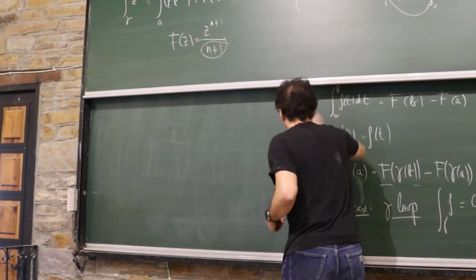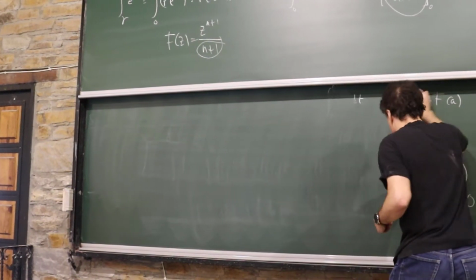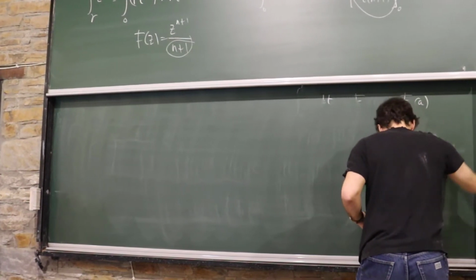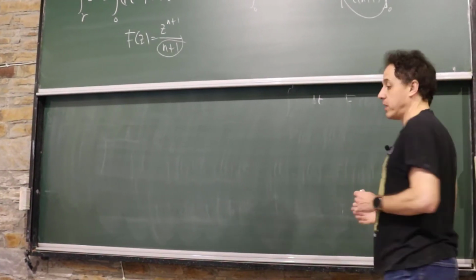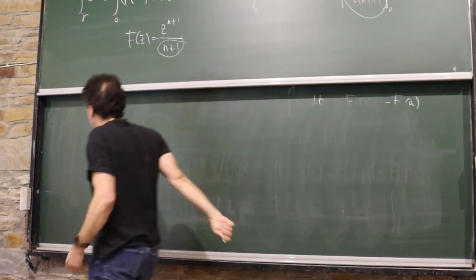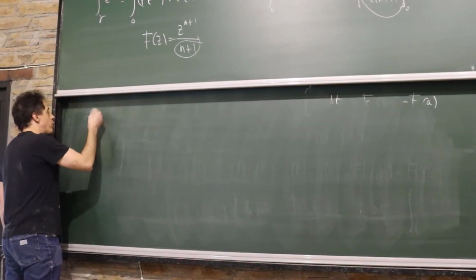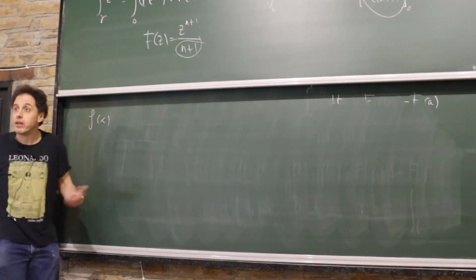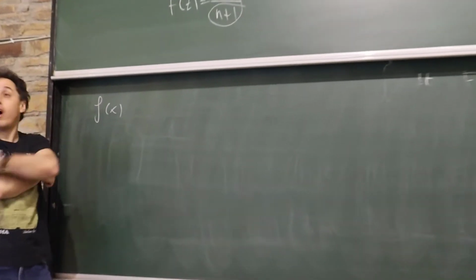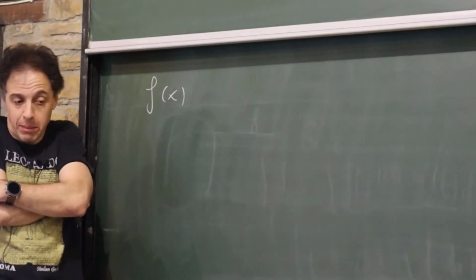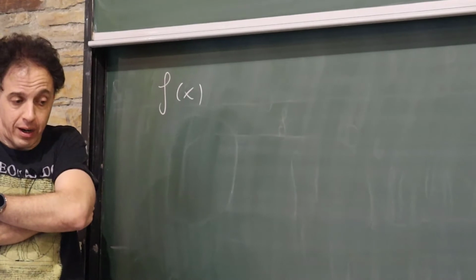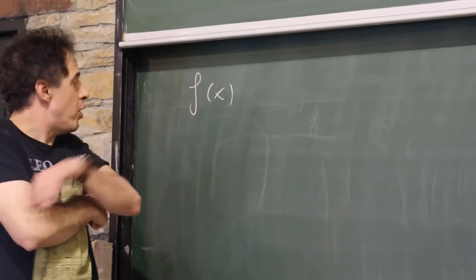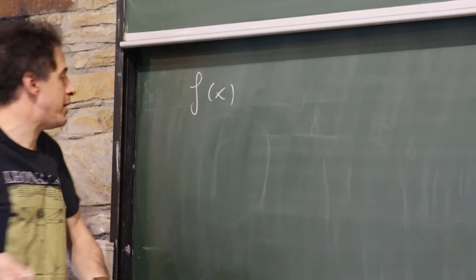Well, if we reproduce the same arguments as in the real variable, remember that you have a continuous function defined over R or over some open or closed interval in R. You know that this function has a primitive. How?